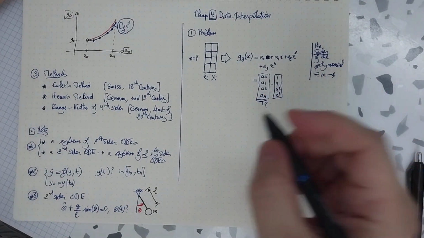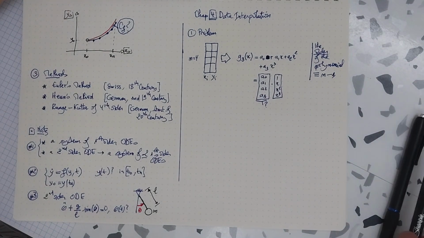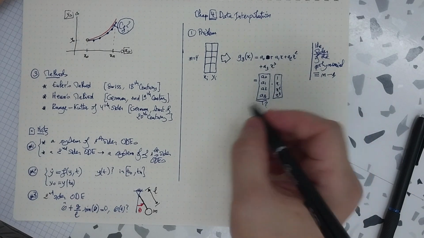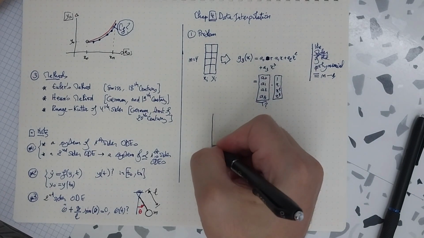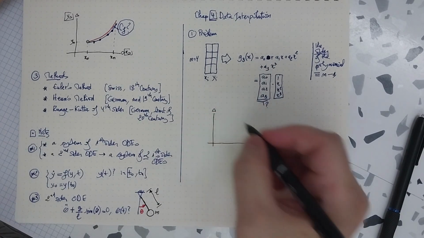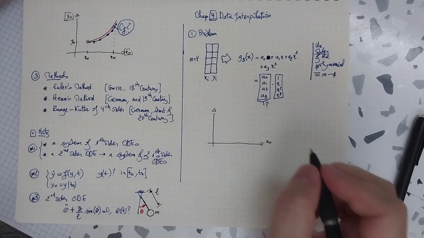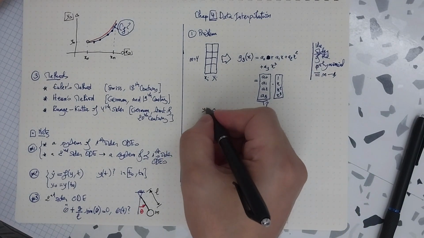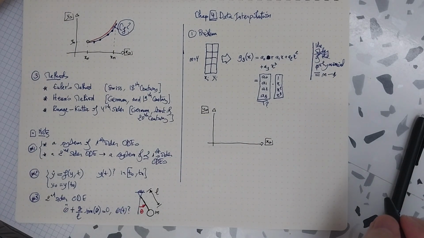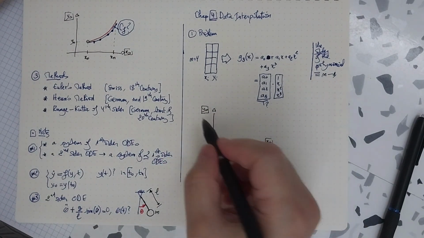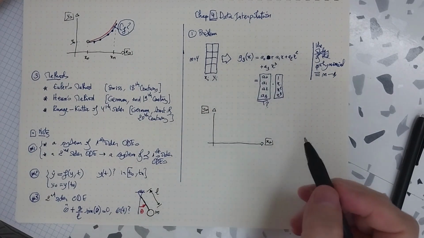So graphically, this was analytically, now graphically, this is the x-axis, the independent variable, and the y-axis, the dependent variable. But you don't know the function that maps x to y.